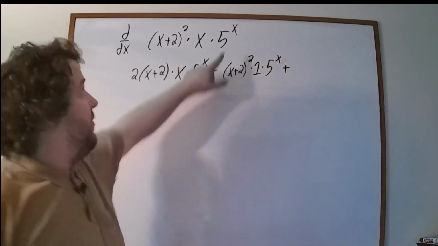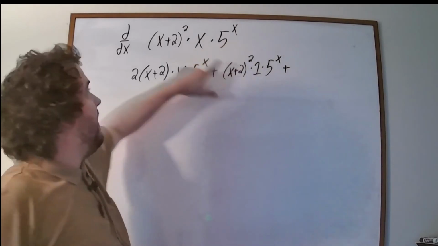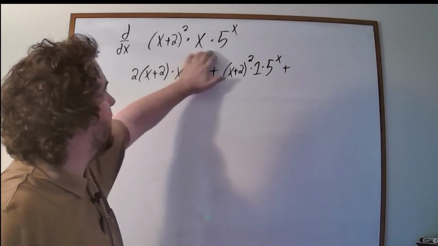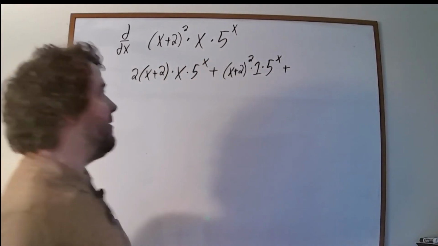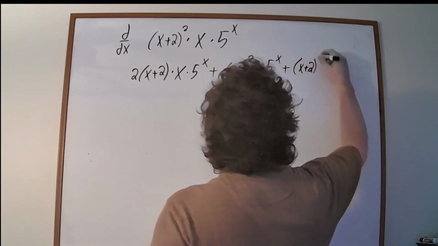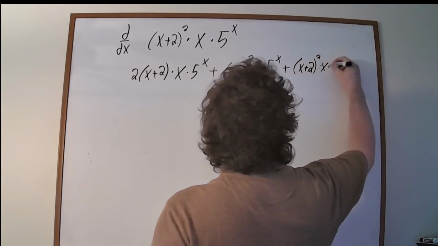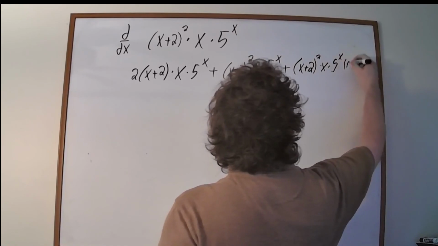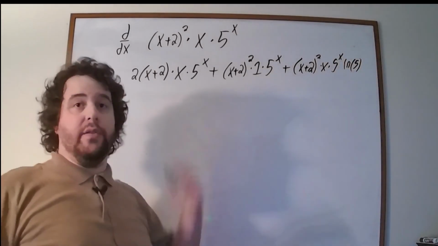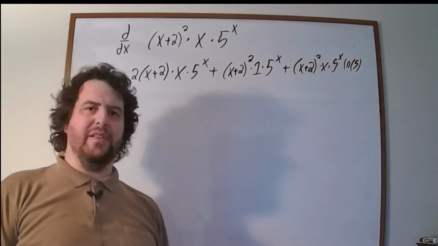And then finally, if we treat this x as the variable and these x's as constants, well, it's just going to be this constant here times the derivative of 5 to the x. And so here we were able to recover the triple product rule without having to memorize anything.